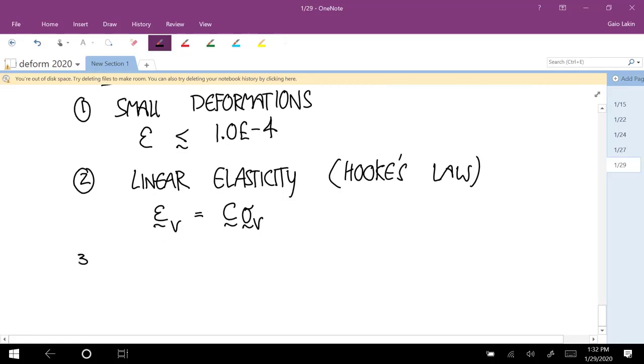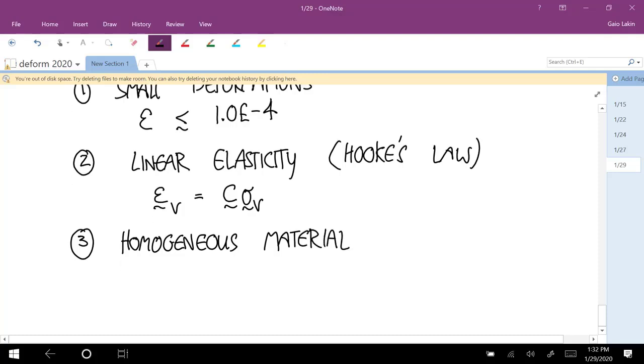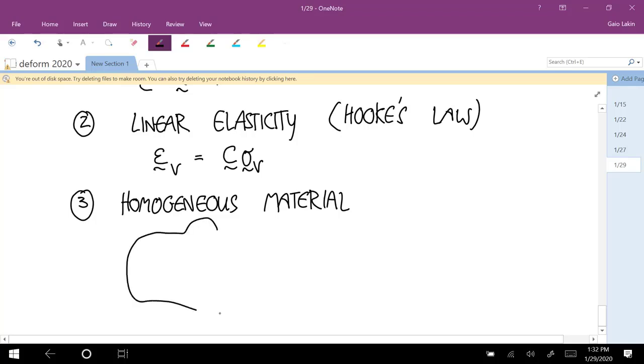The third assumption is homogeneous materials. And that just means that in your hunk of material, if you look here and you look here, any 2 spots have the same material properties.